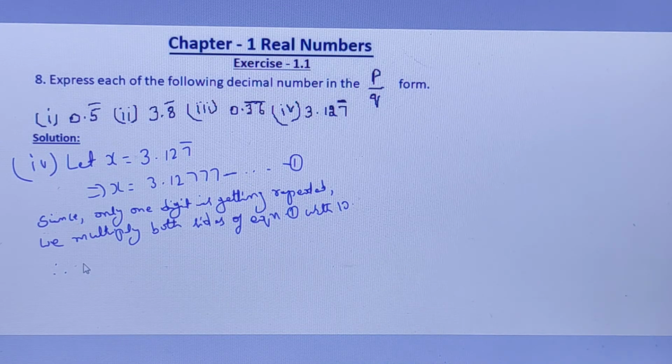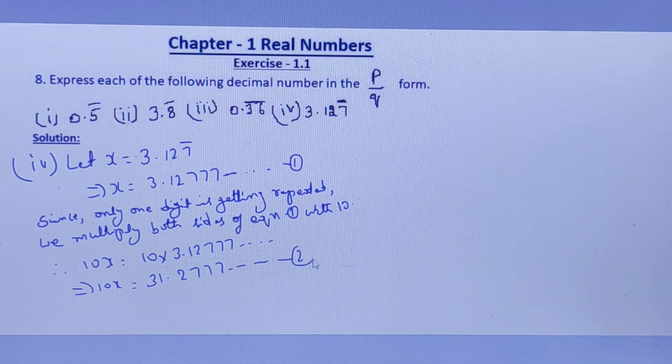Therefore 10x is equal to 10 into 3.12777 and so on. This implies 10x is equal to 31.2777 and so on. Let us call this equation 2.